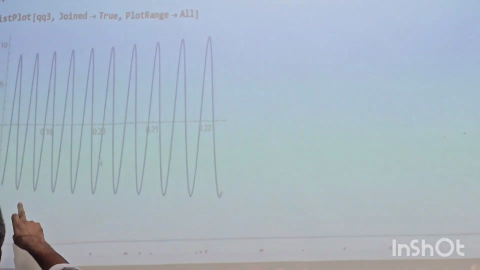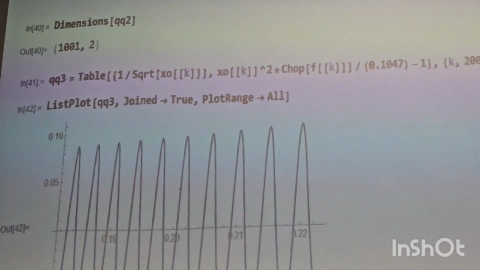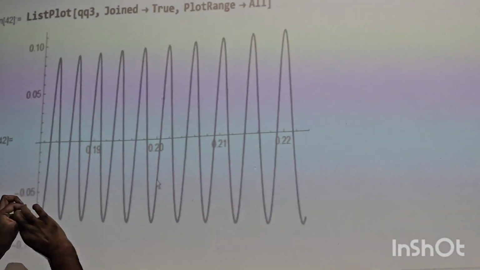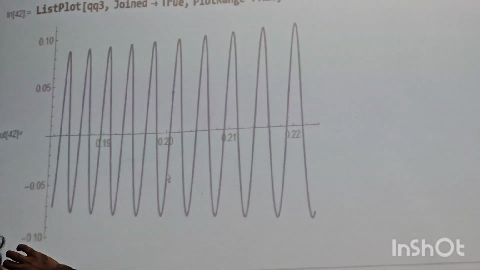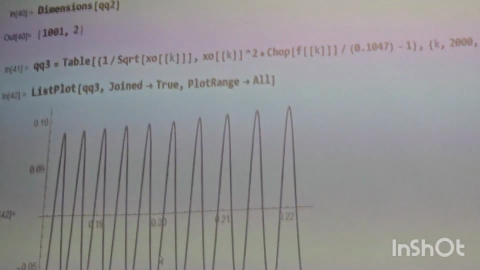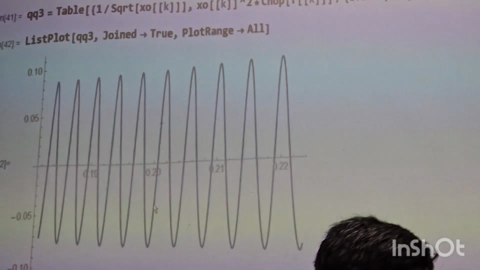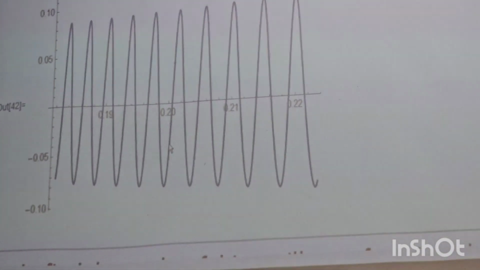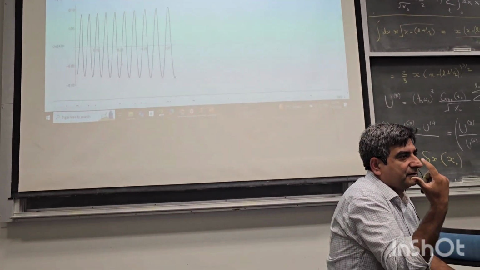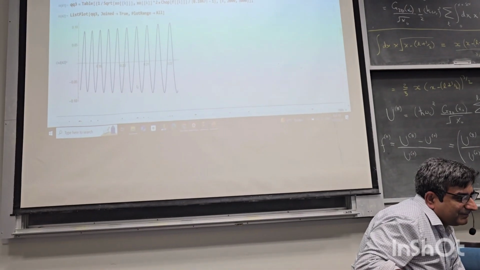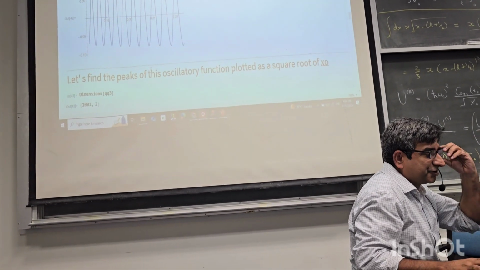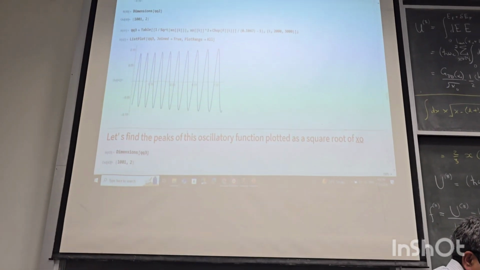I should only be looking at the amplitudes. So the amplitudes increase linearly. Okay, and I can test that. So I've written a code that actually tests that. I write a function that detects the peaks of this function. That's what I do. I find the peaks of this oscillatory function. Right?